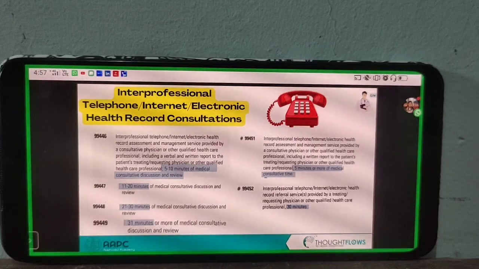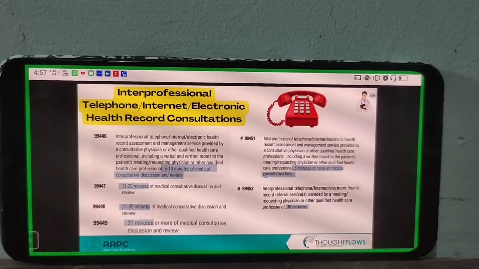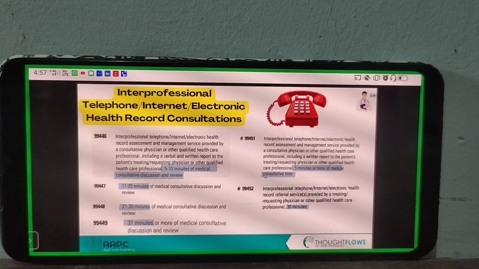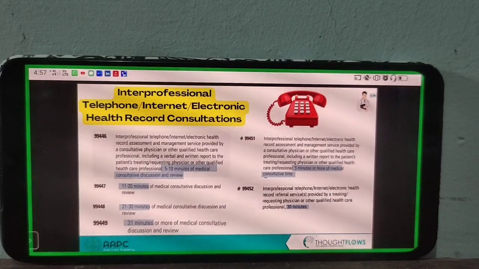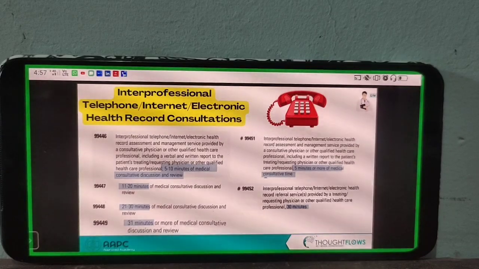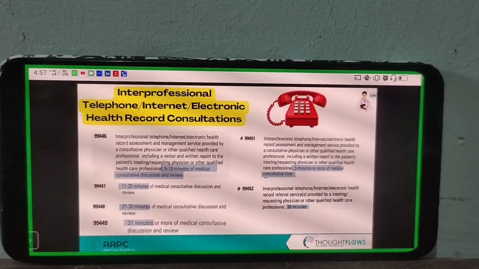First, 5 to 10 minutes, 99446, depending on how many minutes they spend communicating. 5 to 10 minutes, 99446, 11 to 20 minutes, 99447, 21 to 30 minutes, 99448, 30 minutes or more, 99449. So these are the code sections for non-face-to-face service with verbal and written report.